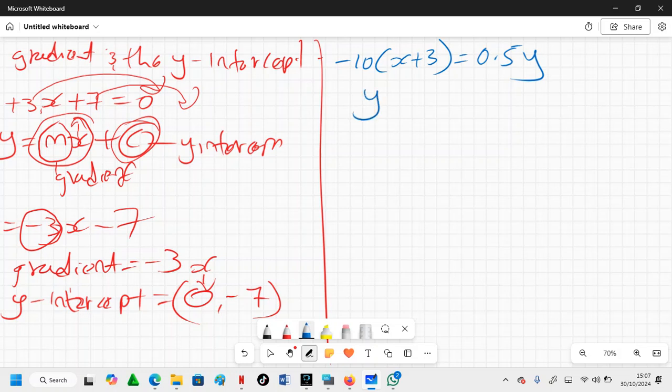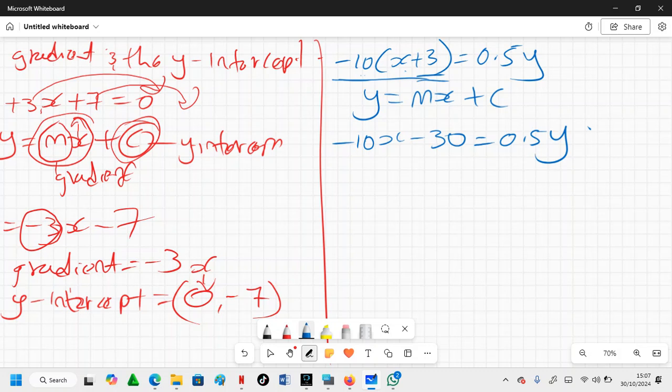So our target is to just write it in the form y is mx plus c, kind of trying to make y the subject. So we are going to need to open this bracket. So we are going to say this is negative 10 times x, negative 10x. Then this is negative 10 times 3. So that one is going to be negative 30 is equal to 0.5y.